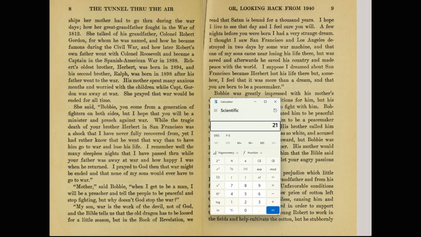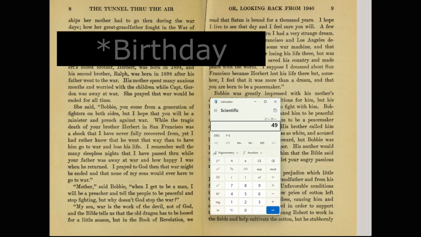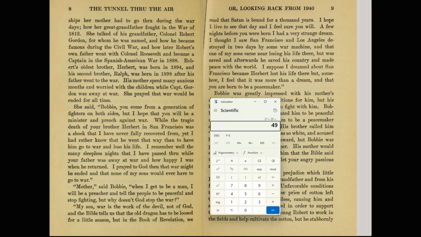So that leaves us 21 days left in June, plus 28 of July means World War I started 49 days, or the square of 7 days, after Robert Gordon's birth. It also means that the San Francisco earthquake happened about 1/7 of a year before Robert was born, and 8 years later, about 1/7 of a year after Robert's birthday, we get the start of World War I.